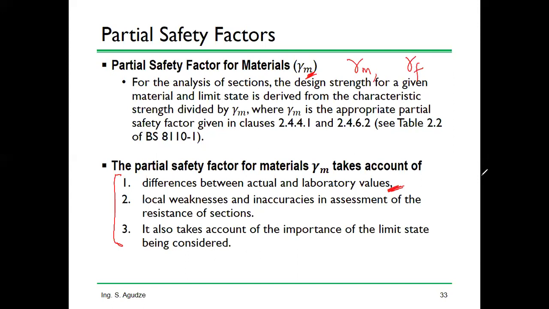Lab results cannot be equal to the result we get from the field. Two, local weakness and inaccuracies in assessment of the resistance of sections. And three, it takes account of the importance of the limit state being considered. So these are reasons why we use material partial safety factors.